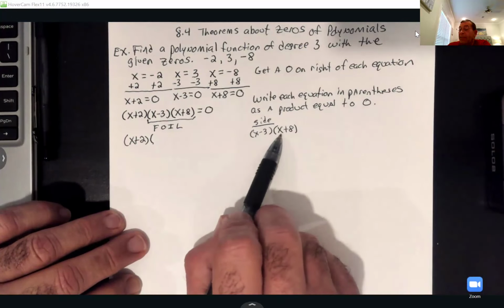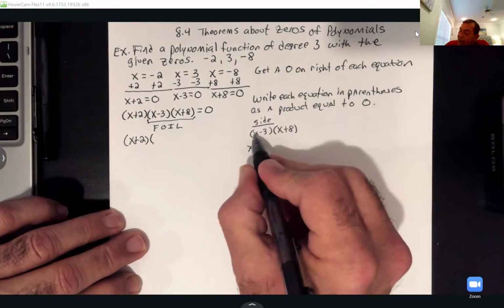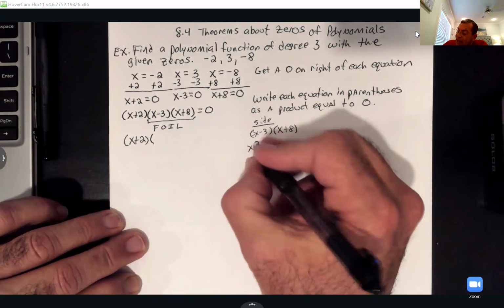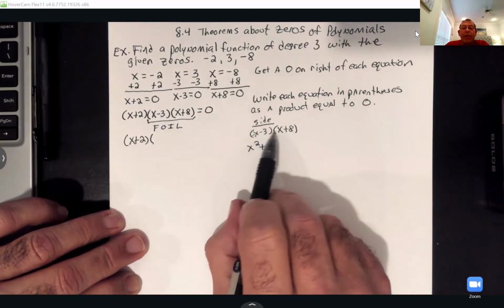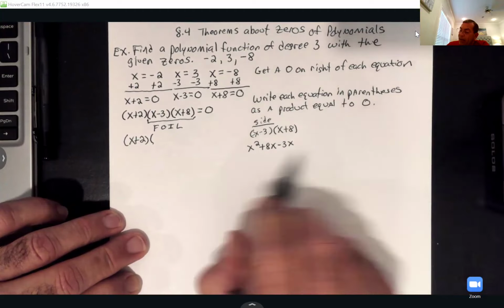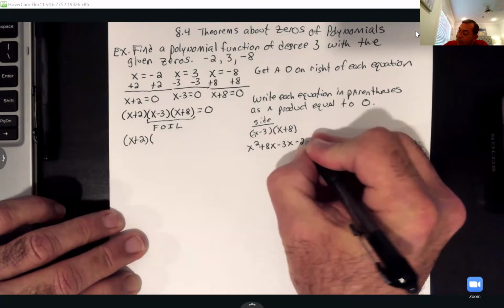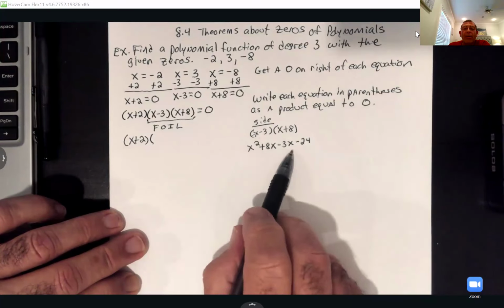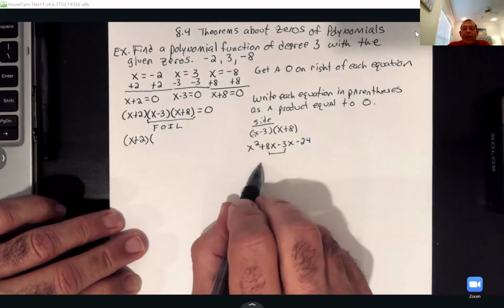So there we go. X times x is an x squared. X times 8 is an 8x. Negative 3 times x is a negative 3x. And y'all, negative 3 times 8 is a negative 24. And all we got to do now is add the like terms in the middle. So you're bringing down your x squared.